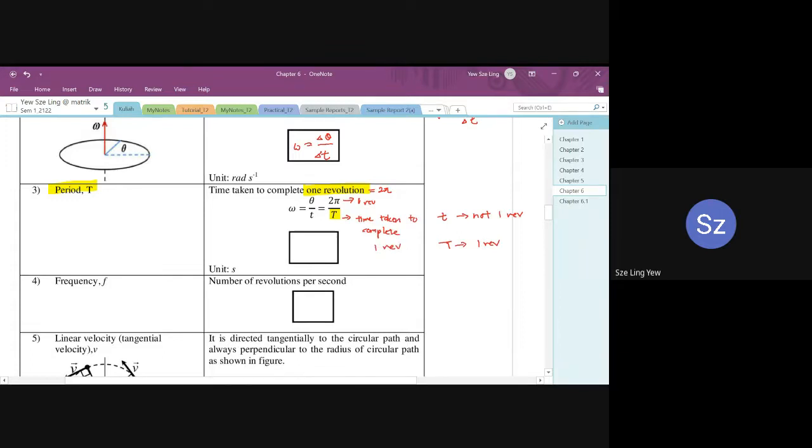So to rearrange the equation, you have period equals 2 pi over omega.